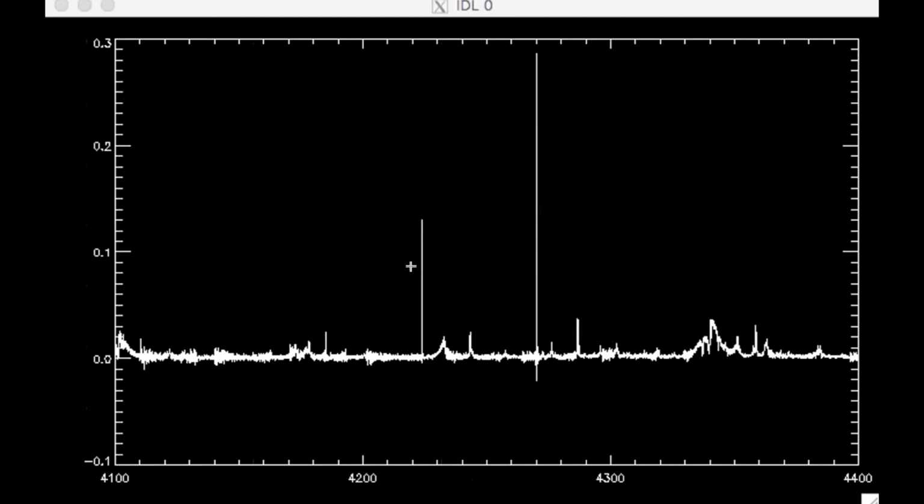Oh, these are cosmic ray hits on the chip. So let me do something, just to illustrate a remarkable thing that you can do with digital data.